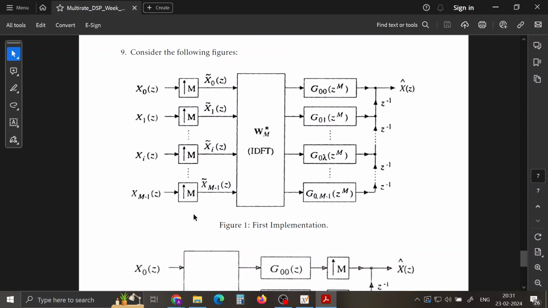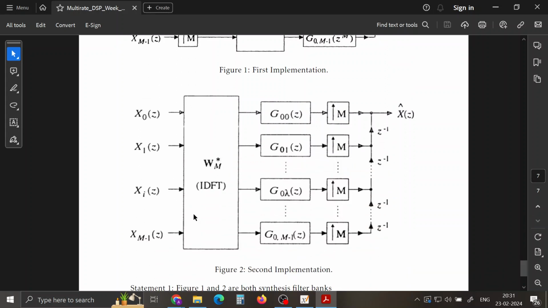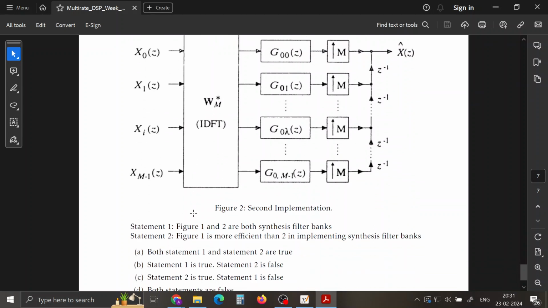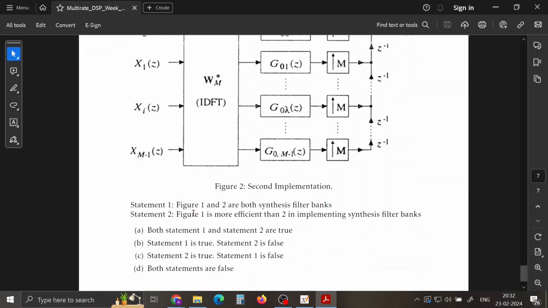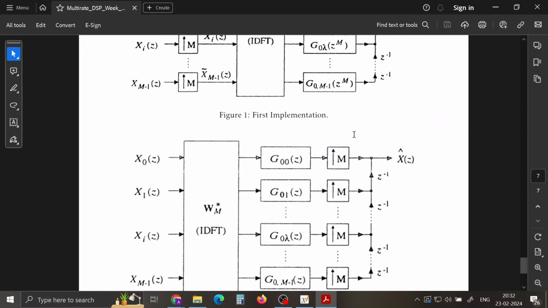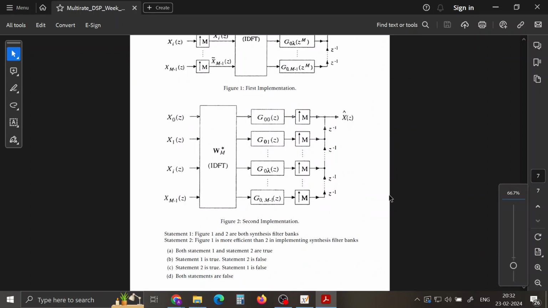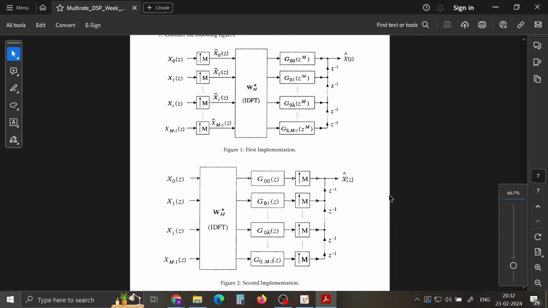There is figure 1 on the top, which is one implementation, and a second figure which is another implementation, and we are given two statements, and we are asked whether both statements are true or not, whether statement 1 is true and statement 2 is false or not, like that. So maybe I can zoom out a bit so that you can see both figures simultaneously. Yeah, I think this is fine.